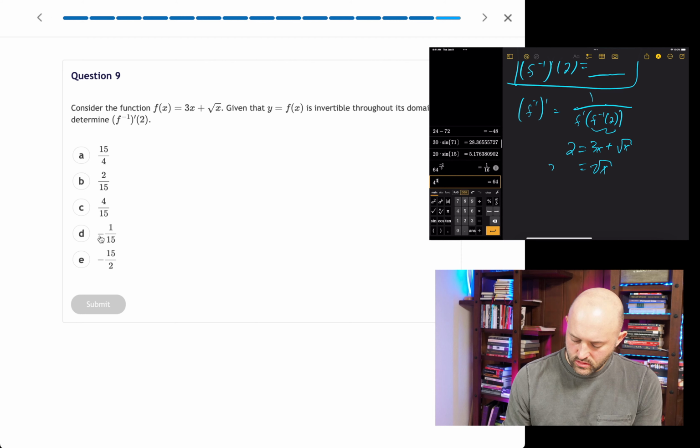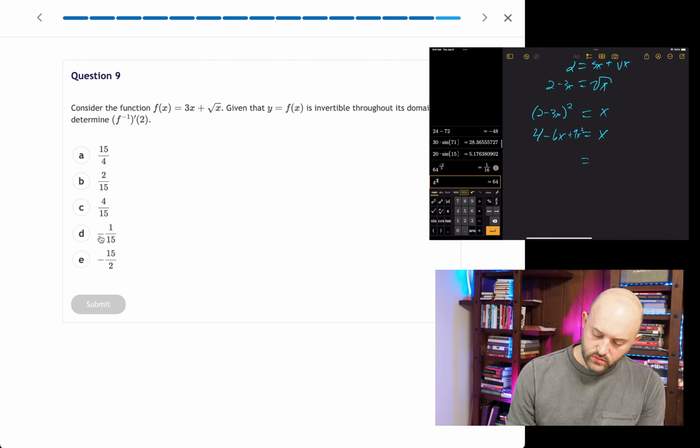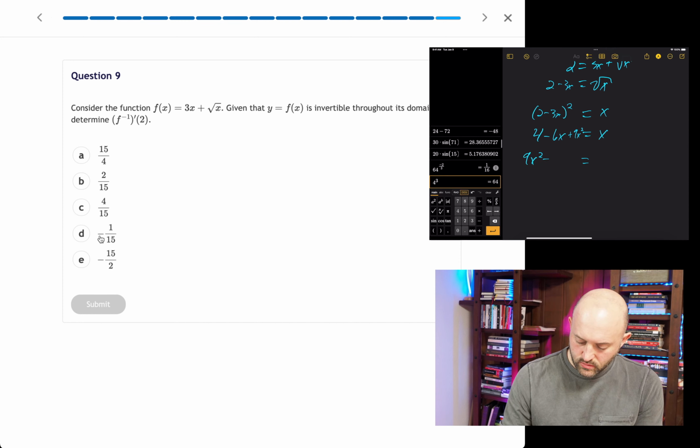Root x is 2 minus 3x. x equals (2 minus 3x) squared. 4 minus 12x plus 9x squared is x. Let's rearrange this and throw the x over here. So take away another x. So we get 9x squared minus 13x plus 4 equals 0.